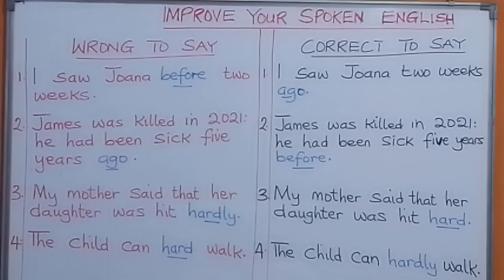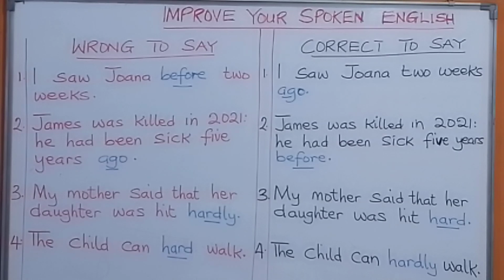I can hardly do this work. We can hardly reach there. We can hardly say this. Scarcely. But the ball hit me hard. That is severely. I was hit hard by the ball. So that is how you use hard and hardly, and before and ago.